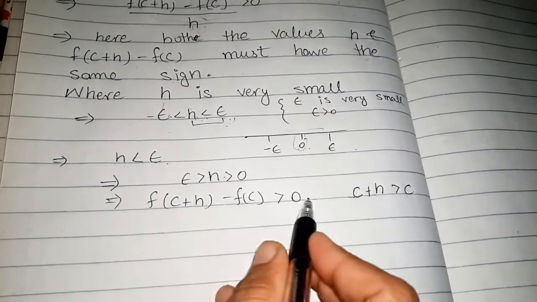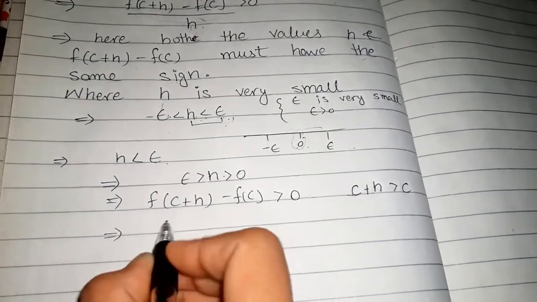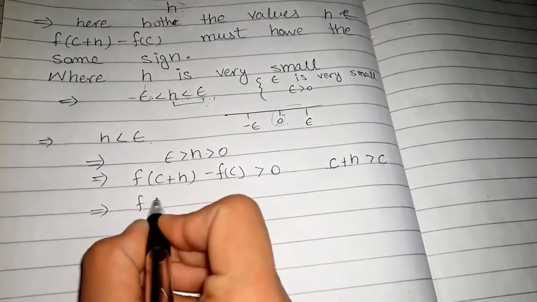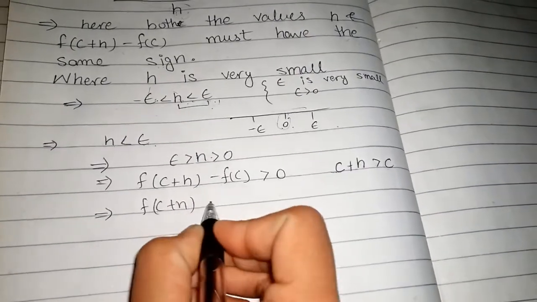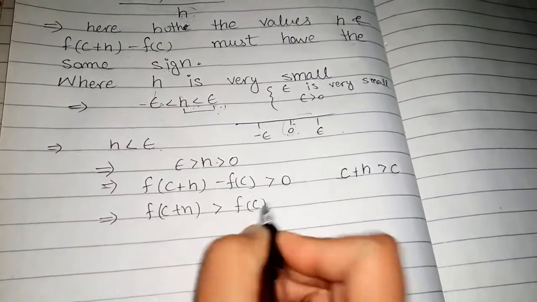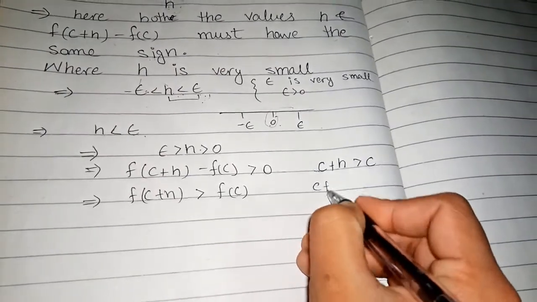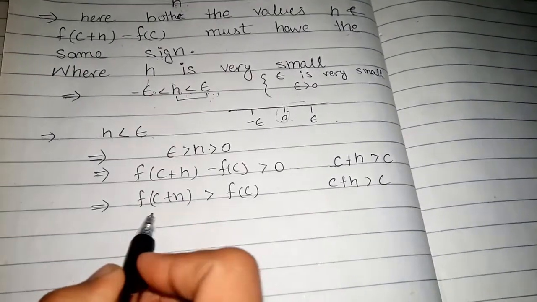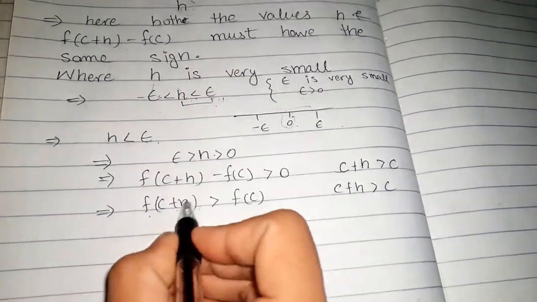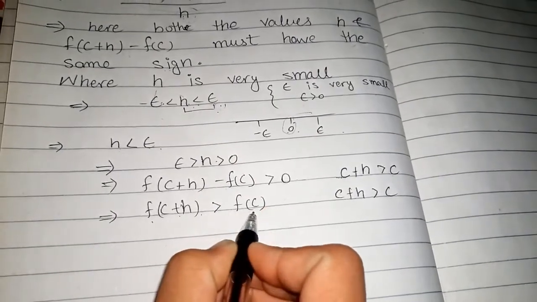And we find that f of c plus h is greater than f of c. Here the point c plus h is greater than c, and the function value f of c plus h is greater than f of c.